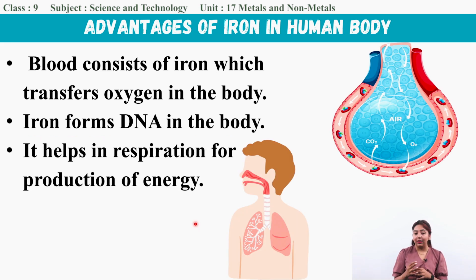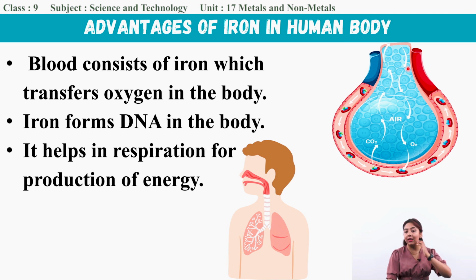Now another thing is iron helps in respiration for the production of energy. So what is respiration? Respiration is the process in which the glucose present inside the body is broken down by the oxygen we inhale to give us energy. This is the alveoli that is present inside the lungs.